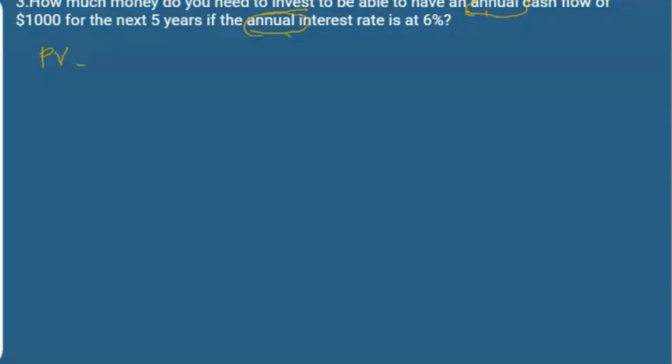The formula for that is present value is equal to R times 1 minus (1 plus j) raised to negative n, over j.